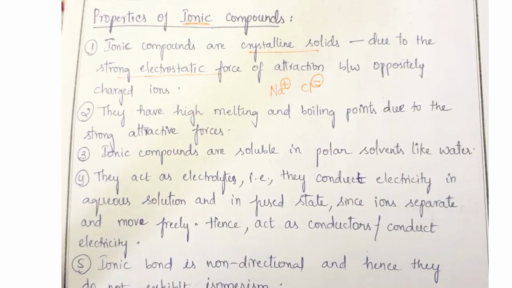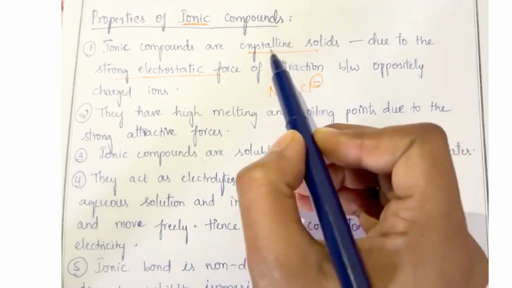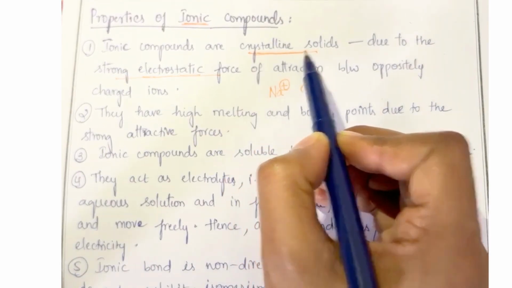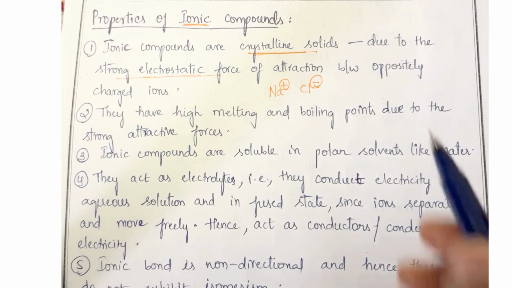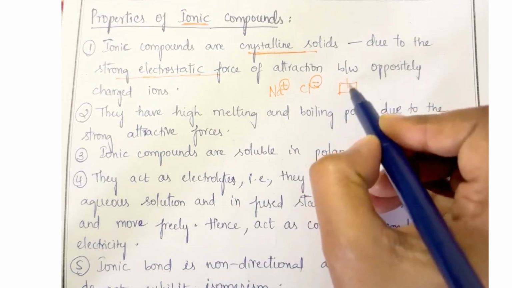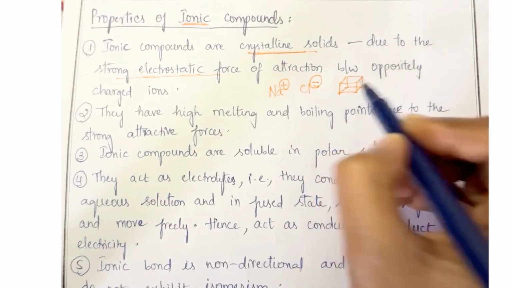They are called electrostatic forces. Because of this strong force, ionic compounds exist as crystalline solids. So when you touch table salt, it is going to have crystal form with sharp edges.